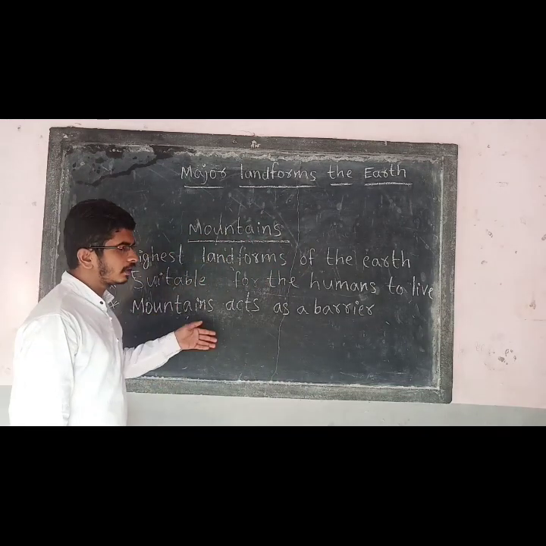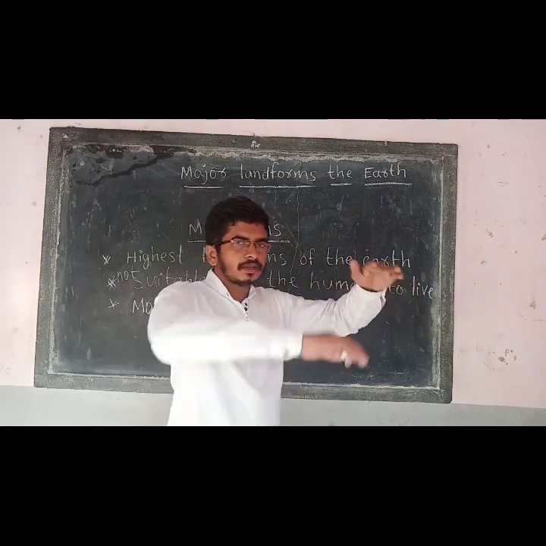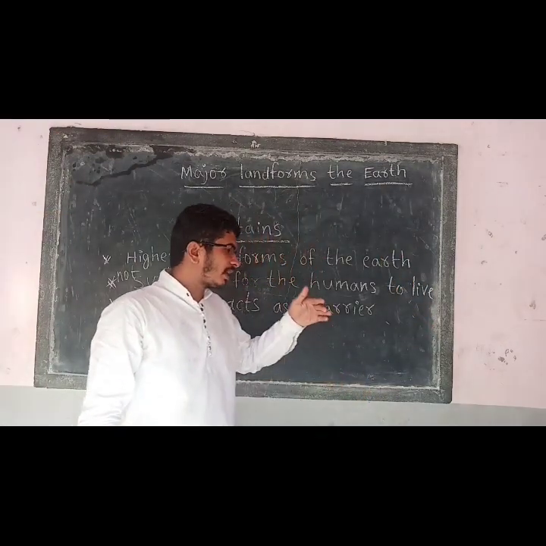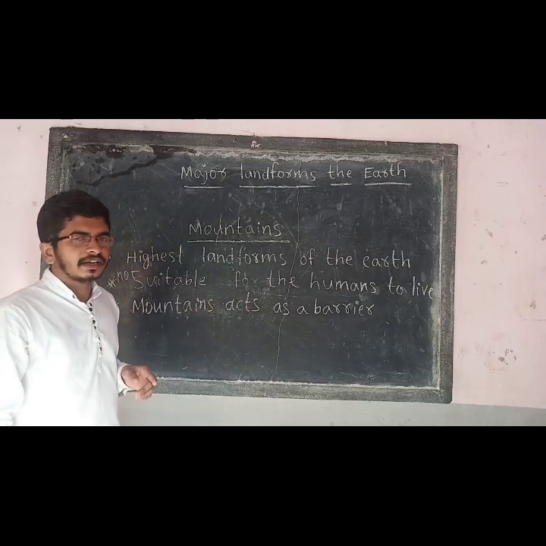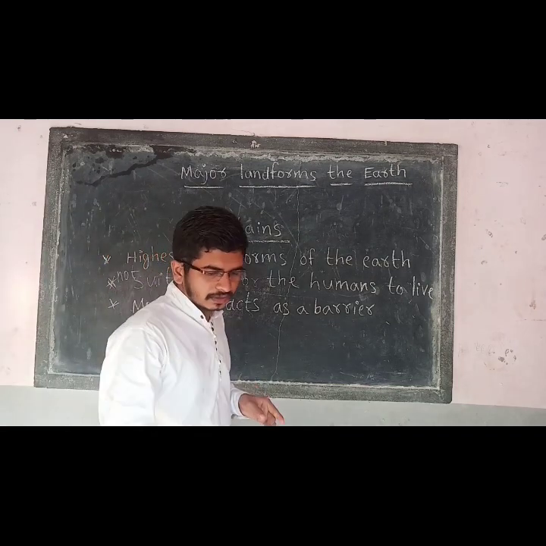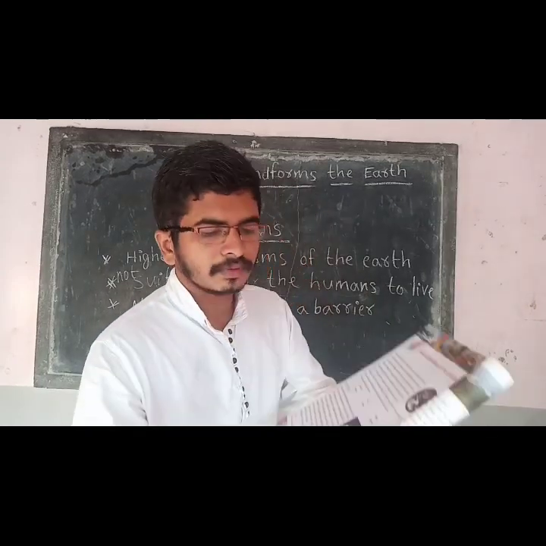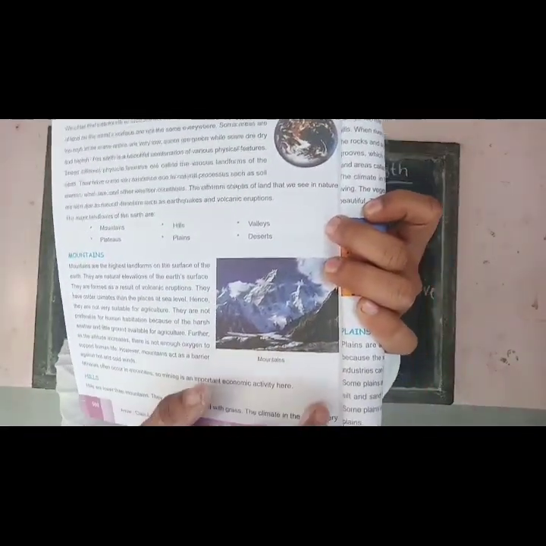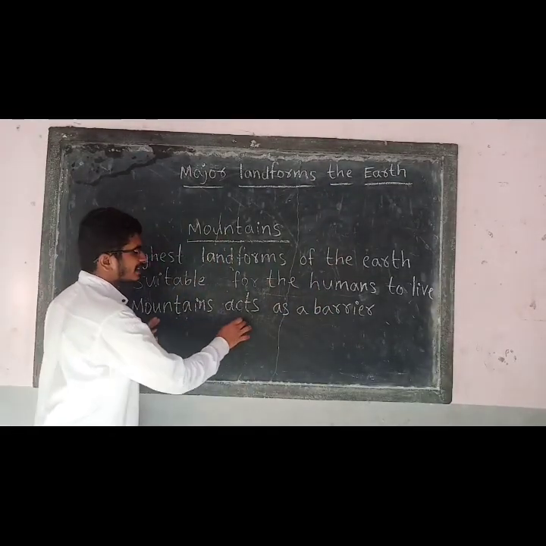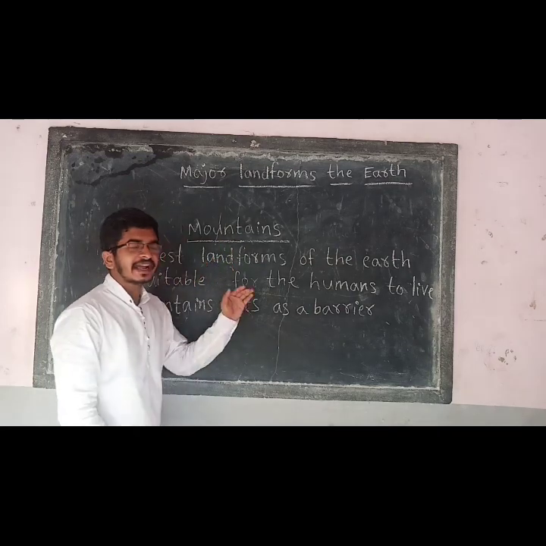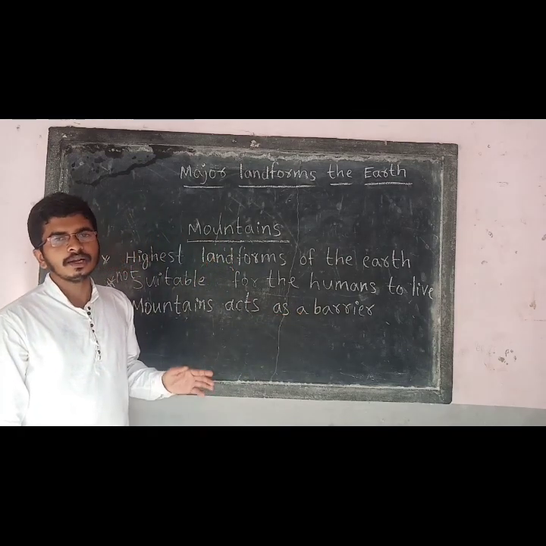See, India is covered with mountains, mostly our border areas and coastal areas. For example, we can take the Himalayas. Here you can see the mountains. So what will happen? It acts as a barrier, which means it acts as protection to our country.